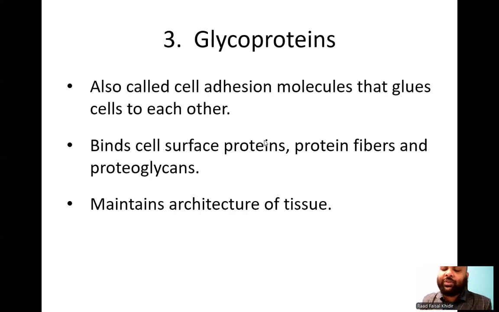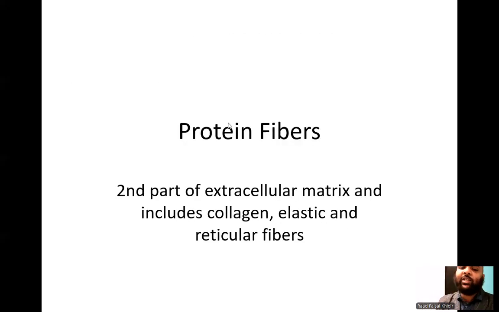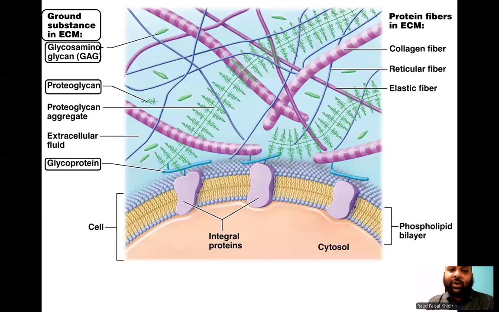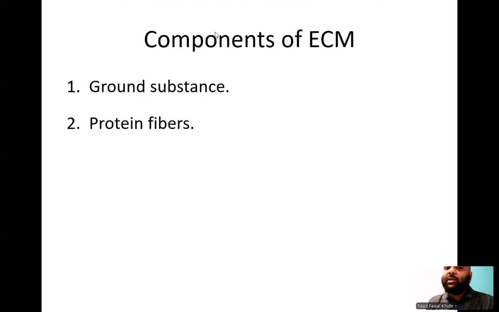Now we are finished with the ground substance. Let's look at the protein fibers. So now this is no longer the ground substance. This is protein fibers. This was the ground substance. You see, the extracellular matrix is composed of ground substance. Okay, guys.